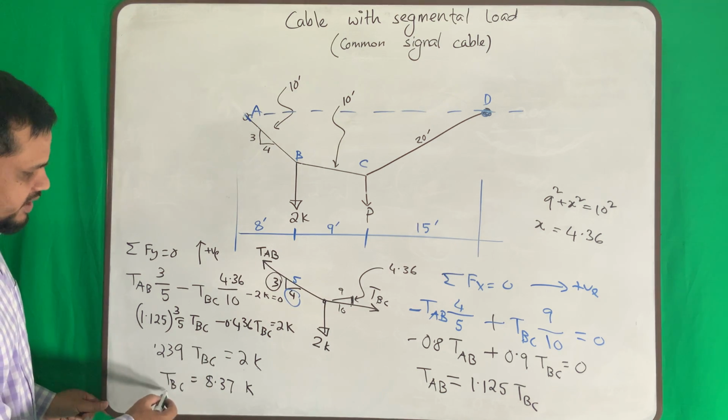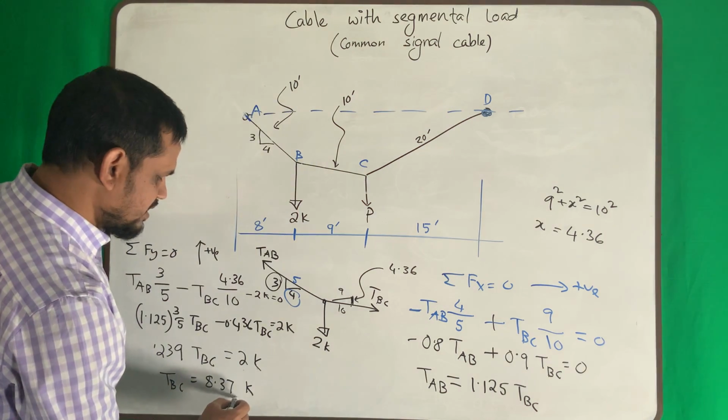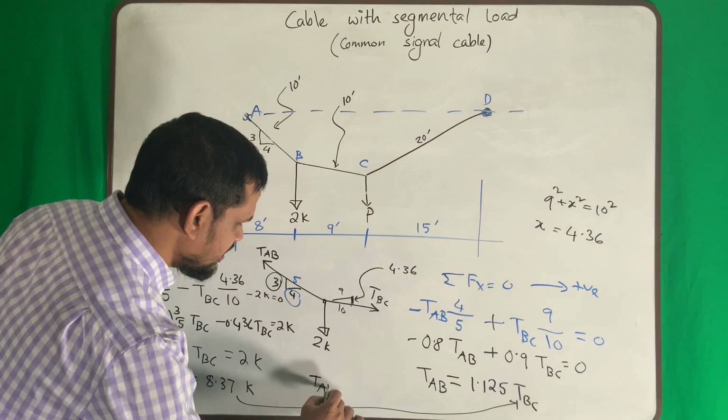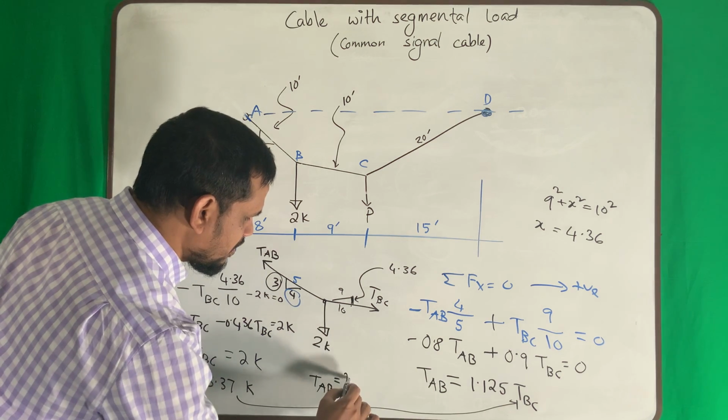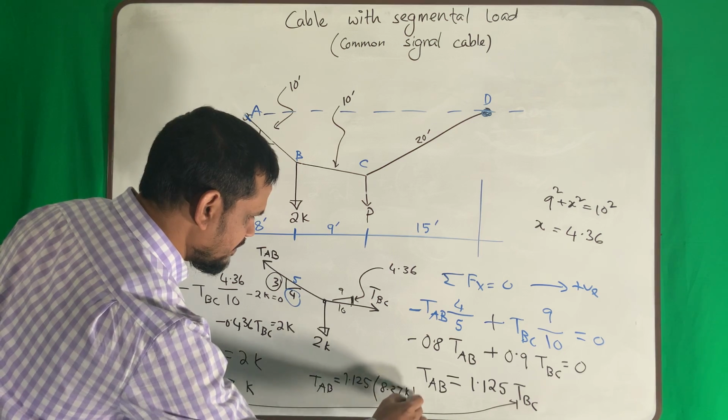Okay, then once we get TBC, we can find TAB now. How? We can insert this value here, then we'll get TAB. So TAB will be 1.125 times 8.37 kip.